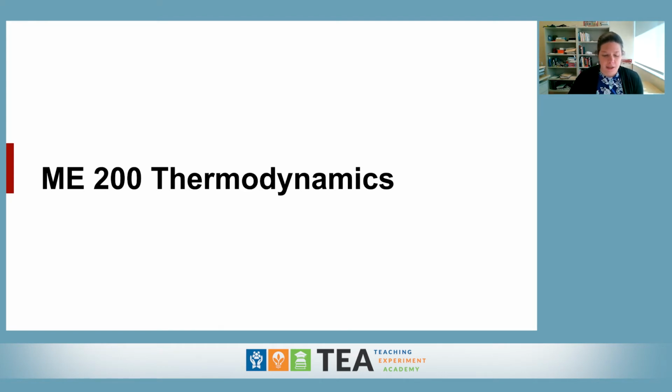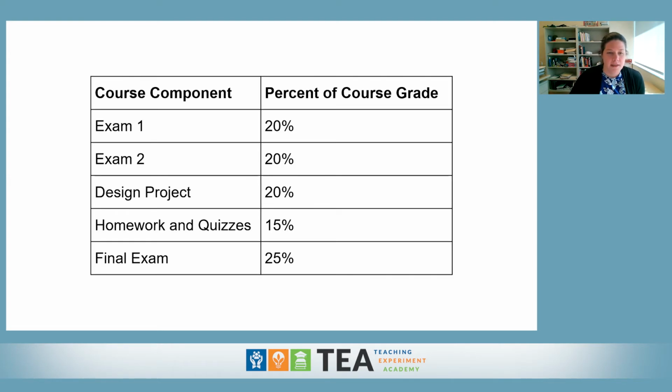So prior to using specs grading in the course, I used a traditional points-based grading system with exams, homework, quizzes, and then there was a group design project. And so this was our percentage breakdown for the assignment weighting.